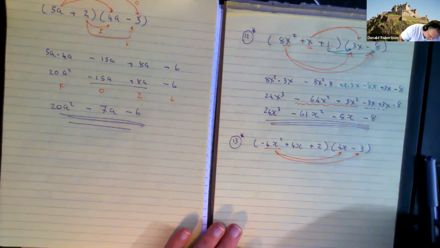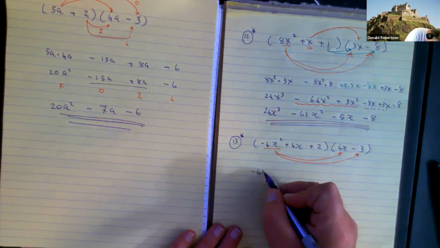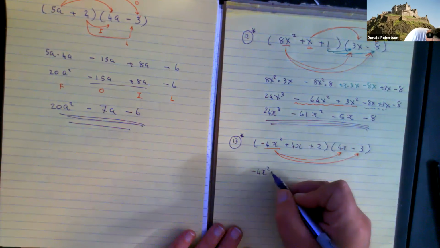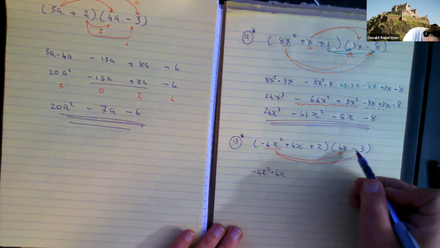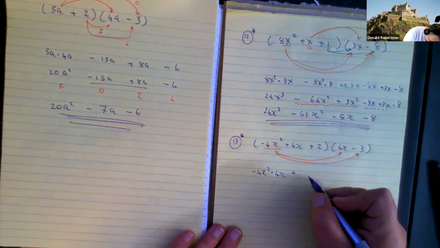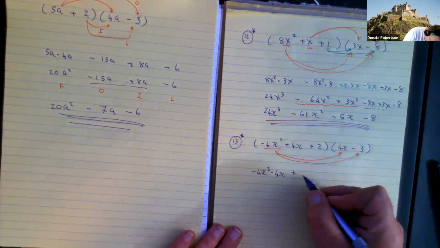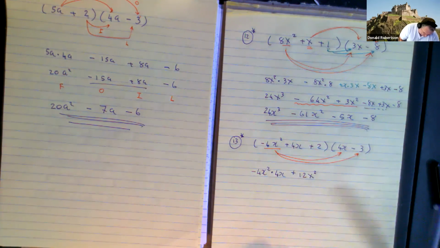So write down what that gets me. I get a negative 4x squared multiplied by a 4x. And I have a negative 4x squared times a negative 3. Well, two negatives make the answer positive. And 4x squared times 3, I can do that in one go. So you get positive 12x squared.